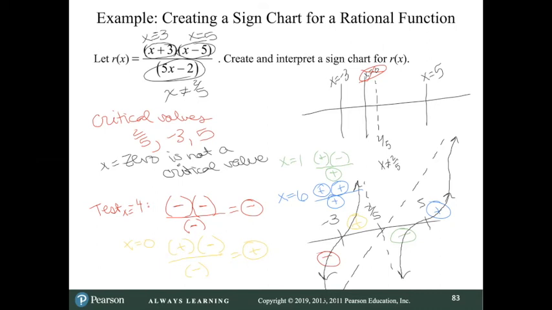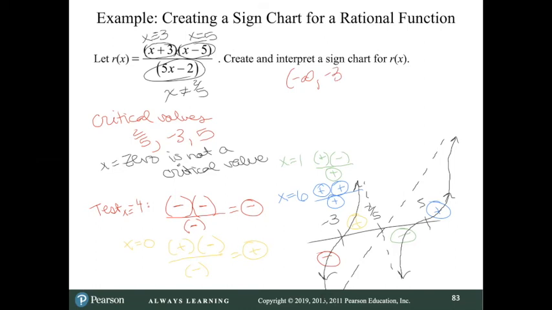Okay, so creating and interpreting, we created the sign chart. To interpret it, we can say that between negative infinity and negative 3, f of x will be negative. I'm going to write it up here. Between negative infinity and negative 3, f of x is negative.